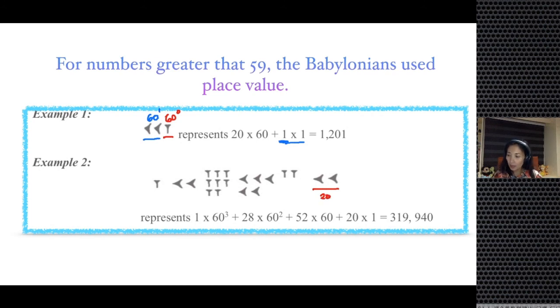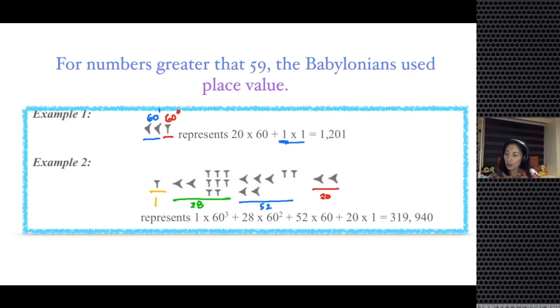This one stands for 1. How many horizontal wedges do we have? 1, 2, 3, 4, 5 plus 2, 52. And the next set, we have 2 horizontal and 8 vertical. What is this equal to? 28.